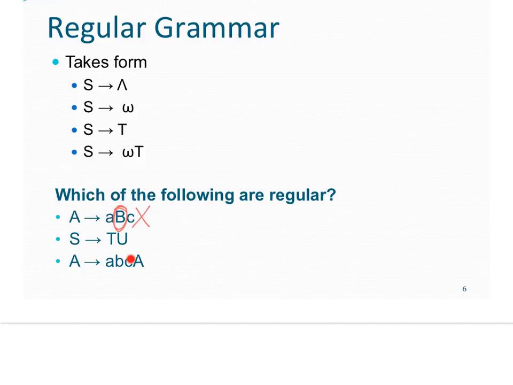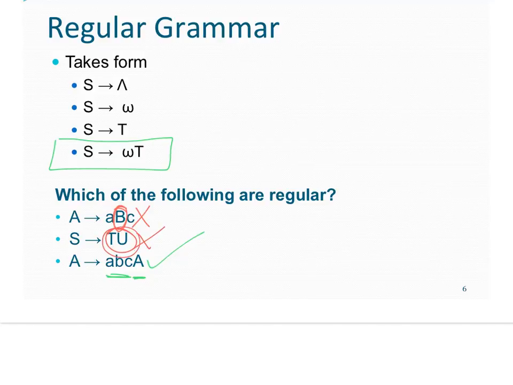Again, it is not a regular grammar, because we have two non-terminals there, and you can't have two non-terminals on the right-hand side, or on the left-hand side for that matter, of a regular grammar production rule. This last one, however, looks good. We've got a string of terminals followed by a non-terminal, which is just this form. So that's a production rule that could be part of a regular grammar.